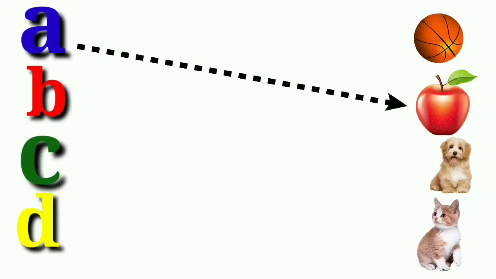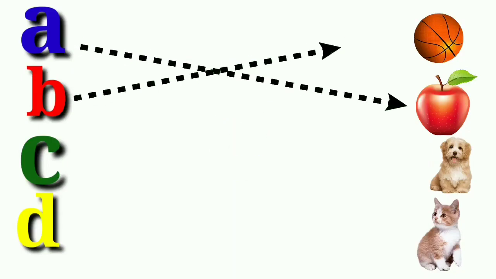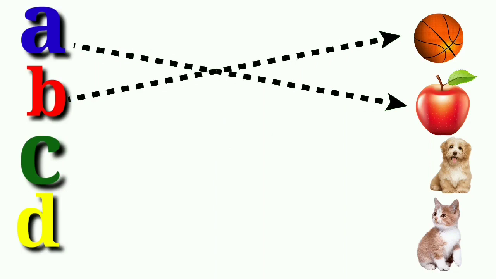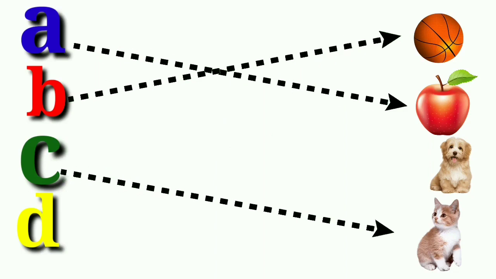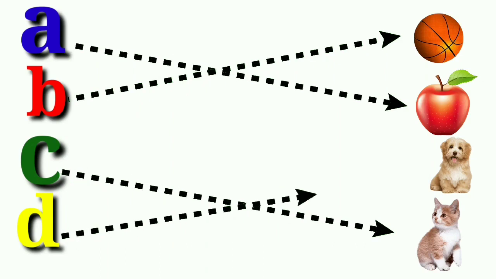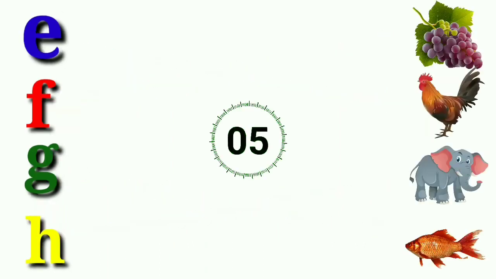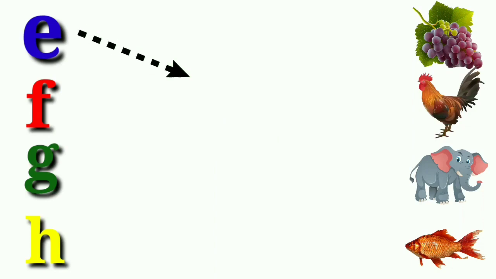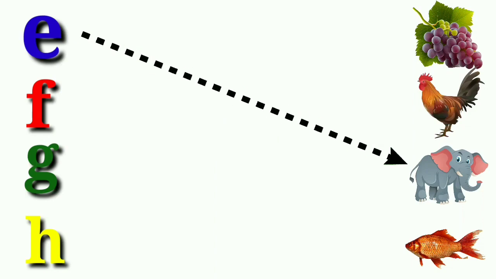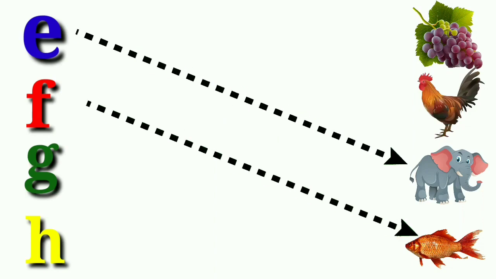A for apple. B for ball. C for car. D for dog. E for elephant. F for fish.